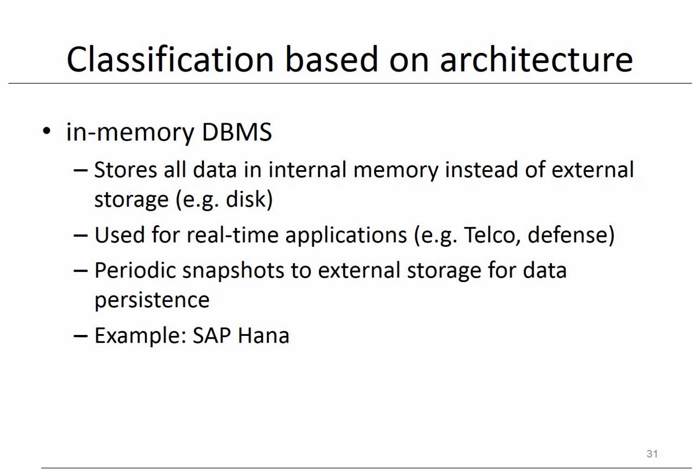An in-memory DBMS stores all data in internal memory instead of expensive external storage, such as disk. It is often used for real-time purposes, such as in telco or defense applications. Periodic snapshots to external storage can be taken in order to support data persistence. A popular example of an in-memory DBMS is SAP's HANA product.